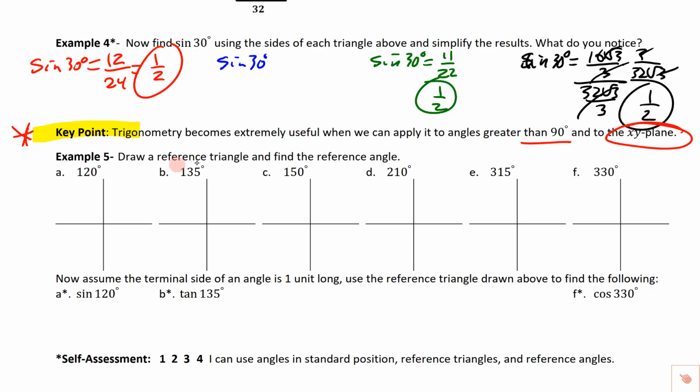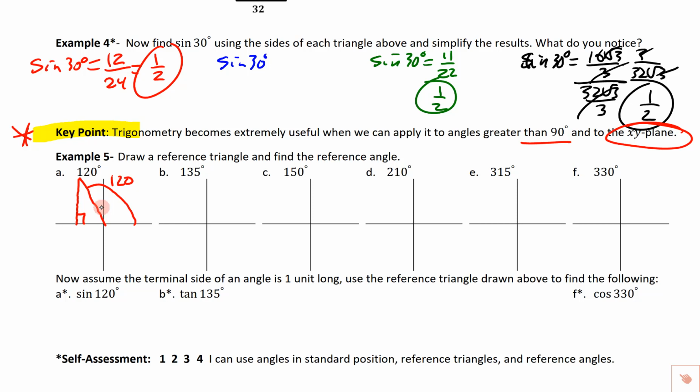We're just going to draw a reference triangle and find the reference angle. So at 120 degrees, again, we go counterclockwise. So I'm going to go this way 120 degrees. My terminal side would look like this, and I'm going to drop a line straight to the x-axis. That's this right here. That means the reference angle, listen carefully, the reference angle is always made with the terminal side and the x-axis.